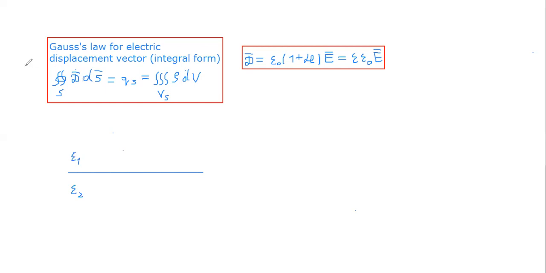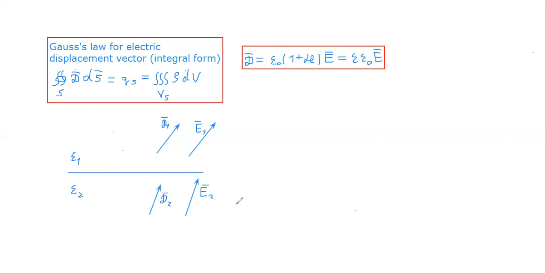Here we have vectors: electric displacement D1, electric field intensity E1, electric field intensity in the second dielectric E2, and electric induction or electric displacement vector D2.